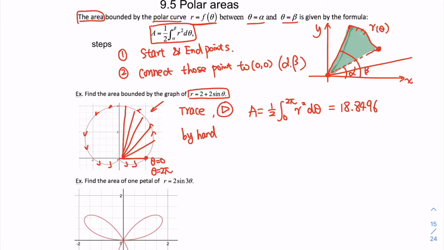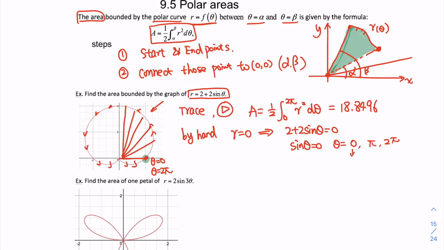How do we solve this by hand? You are going to choose a point. Let's choose theta equals 0 as our start point. We want to see at which angle it will come back. If you look at this point, r equals 0, so we set 2 plus 2 sine theta equals 0, which gives us sine theta equals 0. So theta equals 0, pi, and 2 pi.